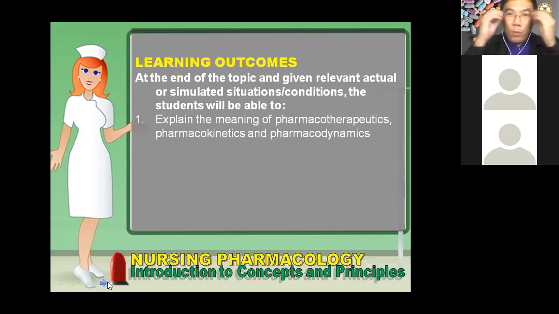So what will be the drug? Salbutamol. Salbutamol will be given to the patient so that its purpose is to relax the muscle and open airway passages. So that is the basic concept of pharmacotherapeutics.